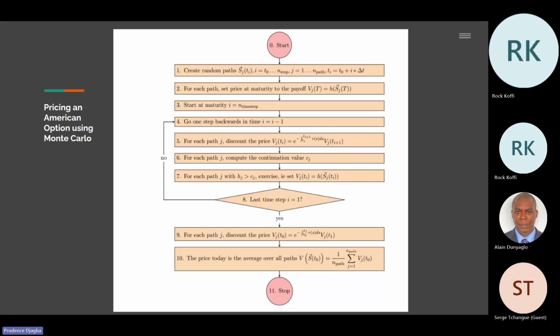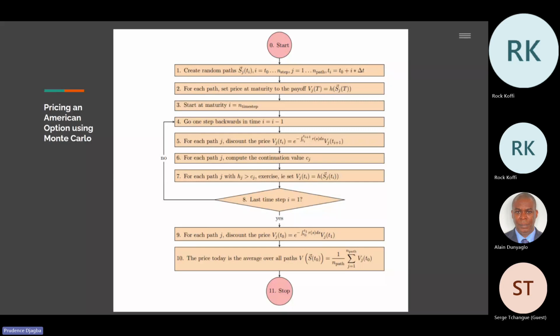We just take the average of the values in the cash flow matrix at time T. But here for an American option, we are looking for the time t where we're going to exercise, which might be T, the maturity, or even before the maturity.